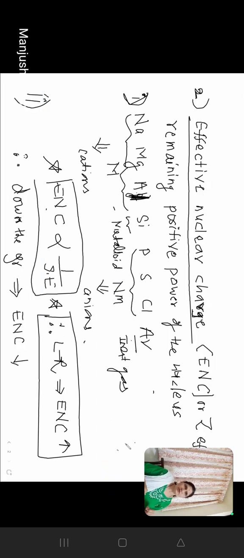Kedar Yadav, are you paying attention? So, what happens down the group about screening effect? Tell me. Ma'am, can I tell? No, Kedar Yadav will tell now. Hello. Ma'am, he can't speak up.